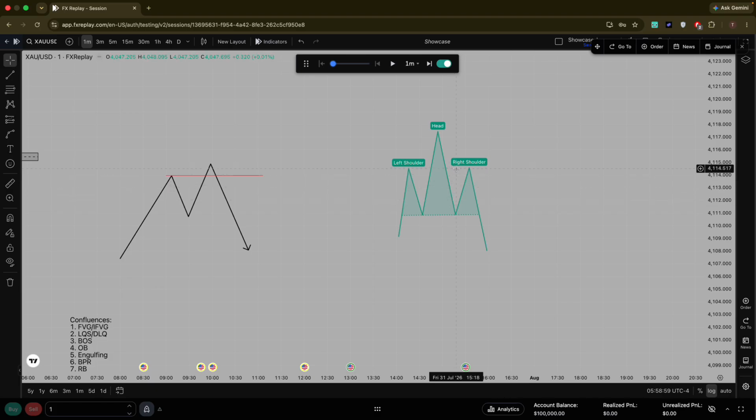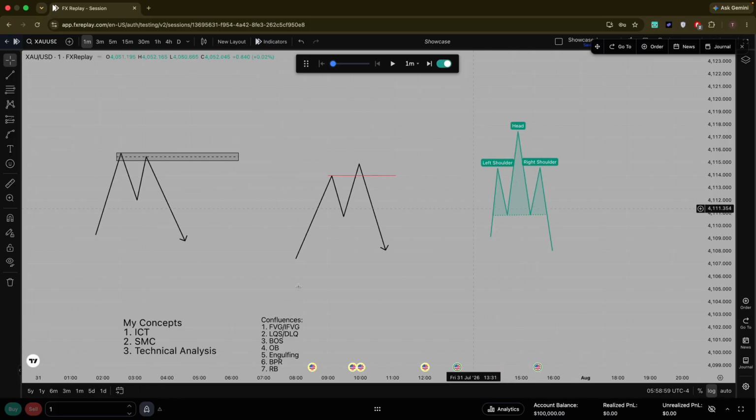They're not always going to be at the same level, but they will most likely be right after the head. Whenever this forms, normally price goes lower. I've taken numerous trades mainly using this head and shoulders pattern, which is a part of technical analysis, and it has been a game changer for me. It helps me take amazing shorts the majority of the time.